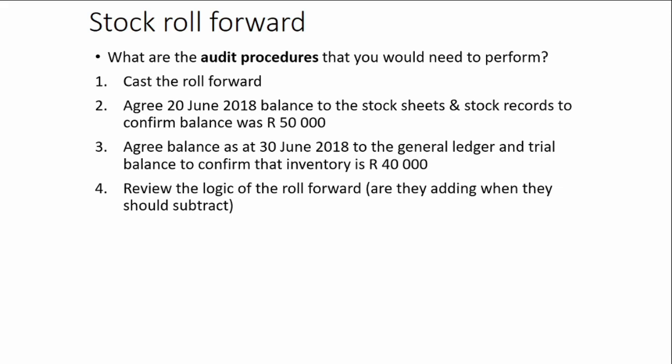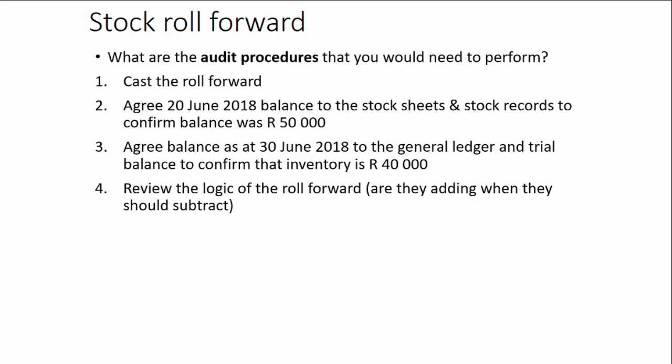We obtain that calculation from the audit client and we will then analyze it and audit it. How do we analyze it and audit it? We want to cast it, make sure that the actual document actually does add up to the number that needs to add up. But we also want to confirm and double check the logic.